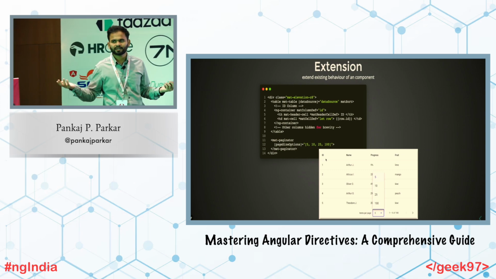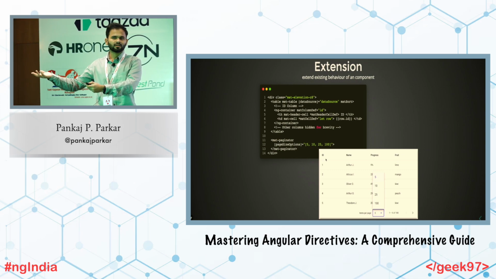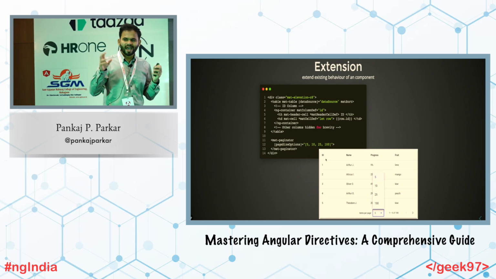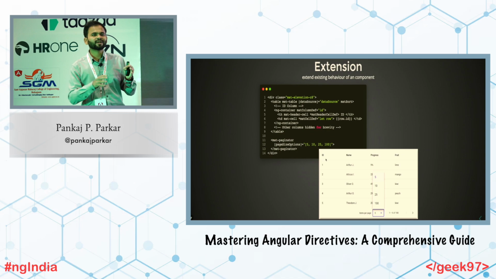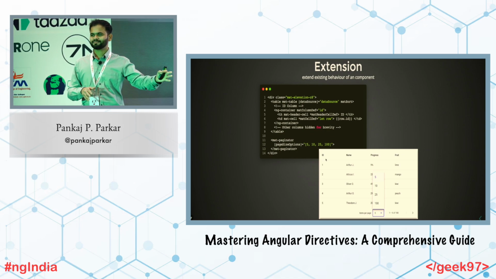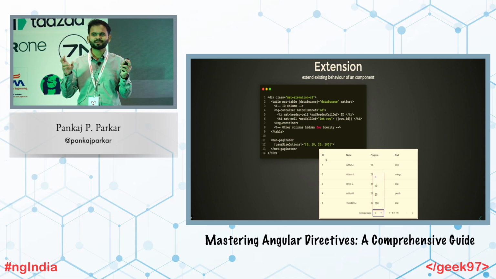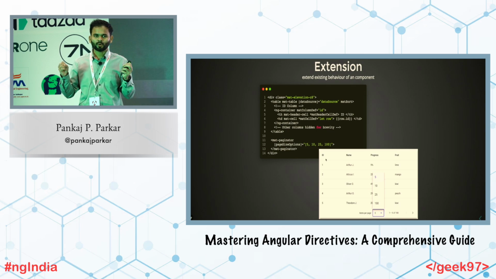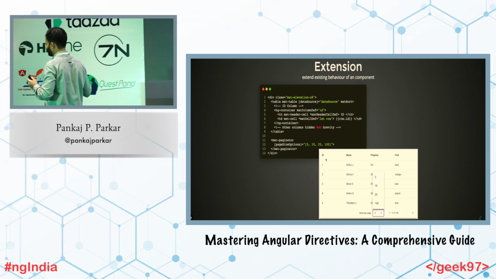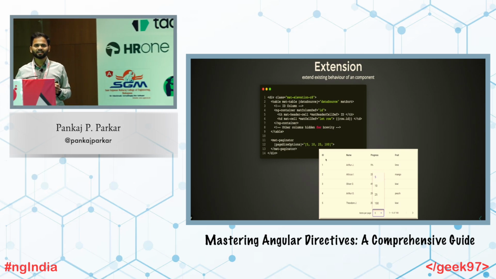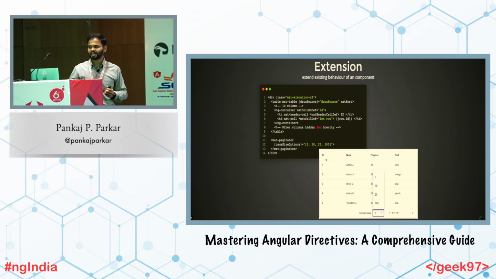We don't have control over them, for example AG Grid or Kendo UI or anything. And to have some default values, we end up writing a wrapper component because we want to define some defaults for them. So you know, there could be another way. If you just want to have defaults, you can use a directive for that.